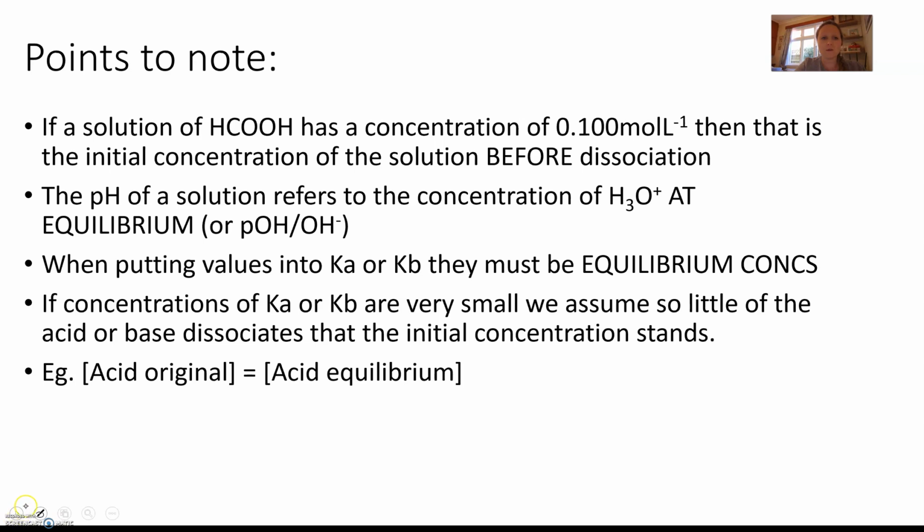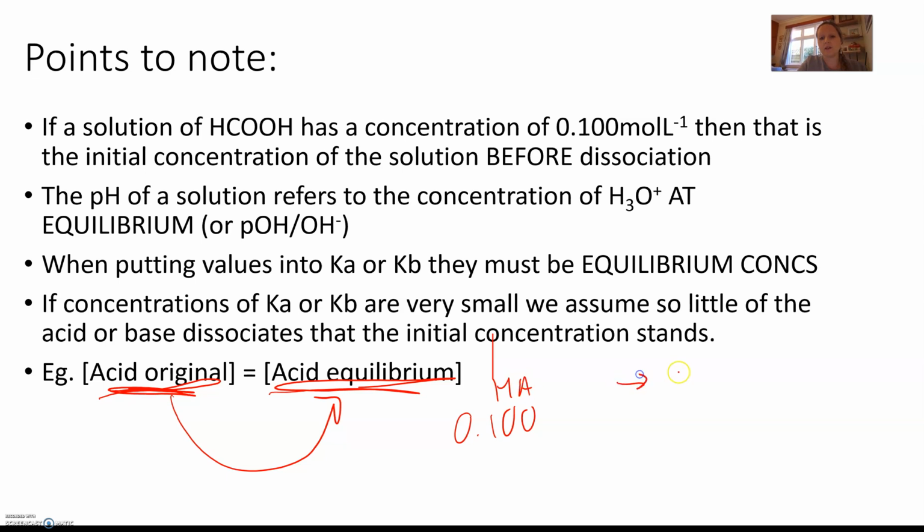So the first thing to talk about is the fact that we have to make a really big assumption with all of our calculations here. Essentially, whatever your original weak acid concentration is, we're going to use that concentration as being the equilibrium concentration. The reason is that if a weak acid dissociates into its ions, so little of it dissociates.